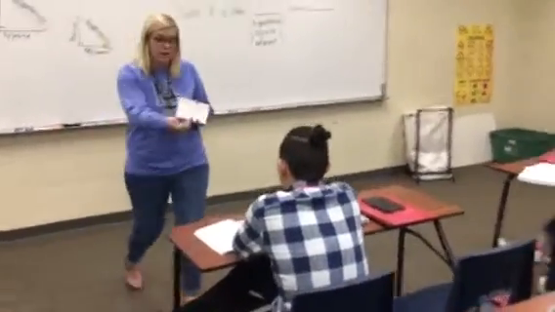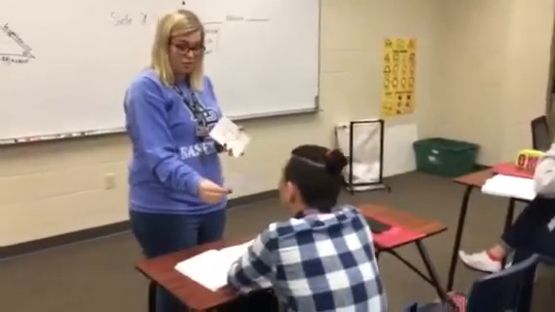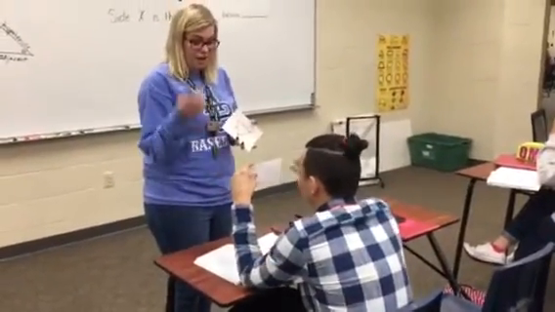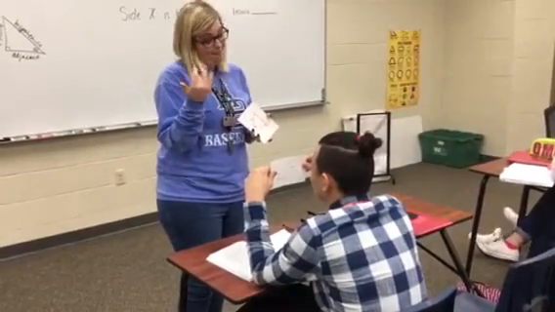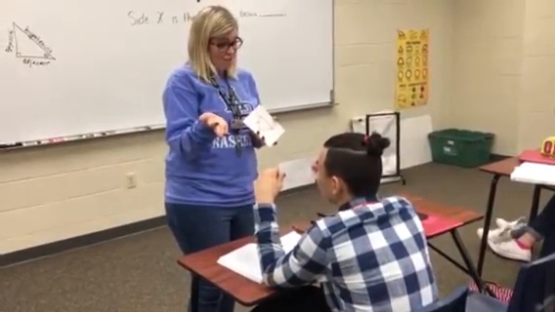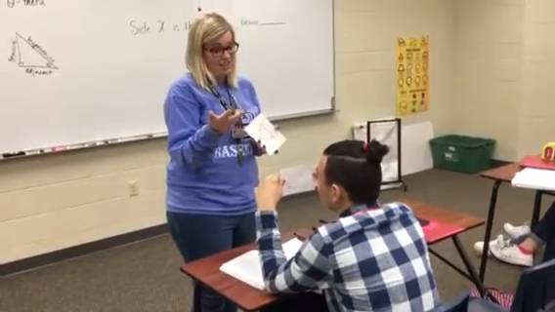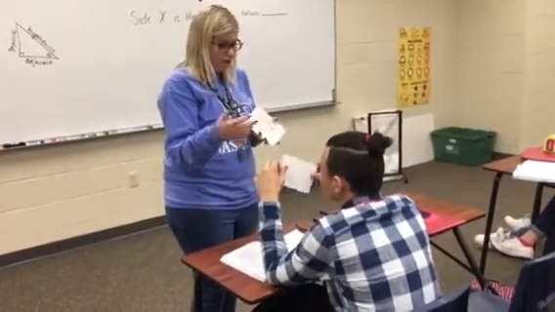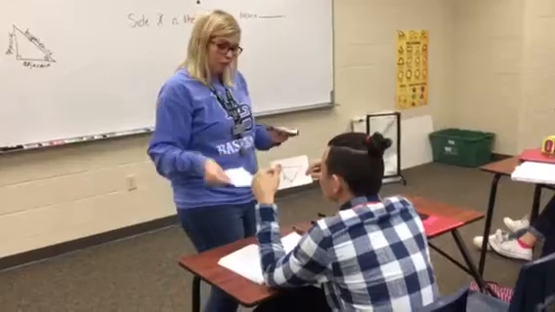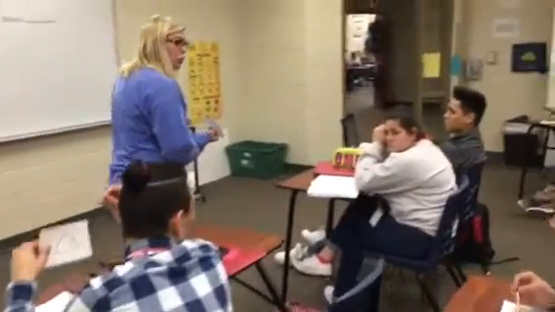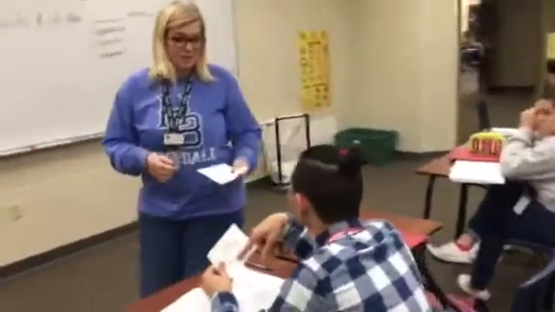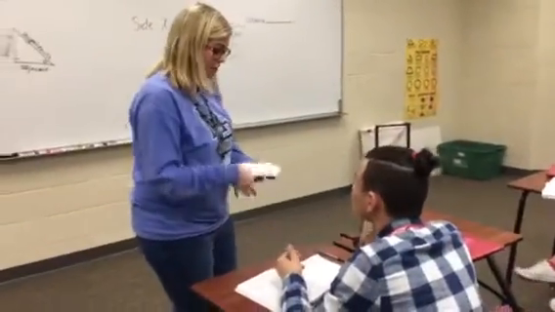Then he'll have his card, and I'll say side X is the adjacent because it is next to theta. We're both right, and we'll trade. Then I'll go find someone else to quiz.